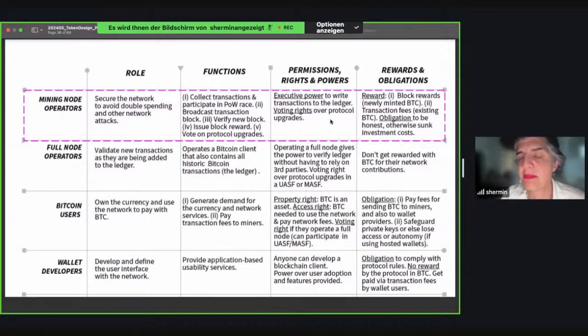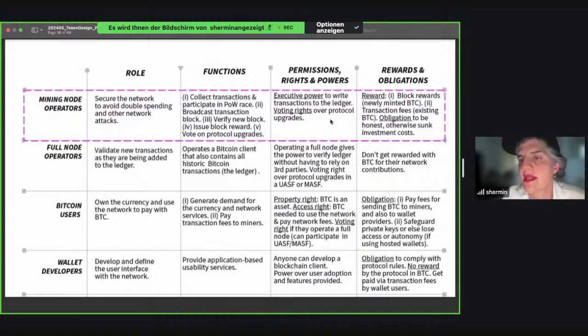That means that if you analyze these functions, what kind of permissions, rights, and powers do they have? They have a lot of executive powers in the network, basically the executive power to write transactions to the ledger. And they have voting rights over protocol upgrades. You could argue that they have voting rights over accepting new blocks to the ledger, about the validity of a new block. Yes, also that.